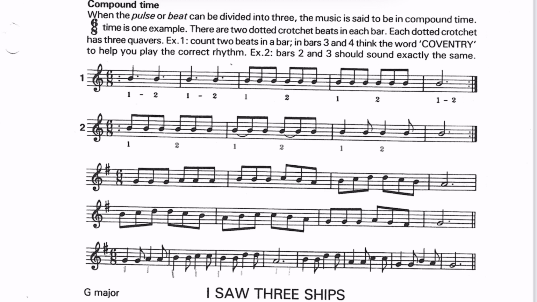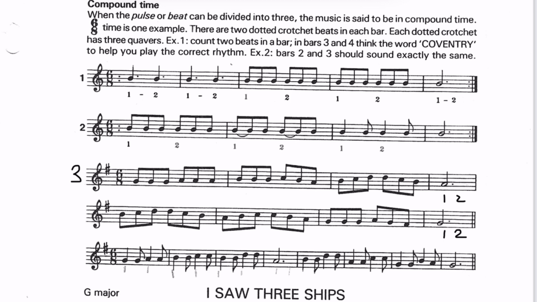Now we're going to skip down. I actually like to go down to line 3 now because it's a little bit more straightforward. So here we have just eighth notes, and then at the end we have our dotted half note, which gets 2 beats here and here. So I'm going to play this for you.